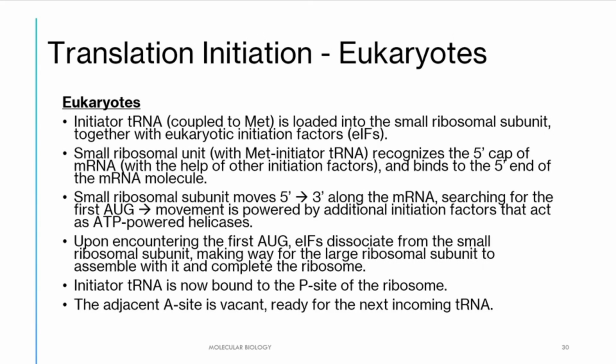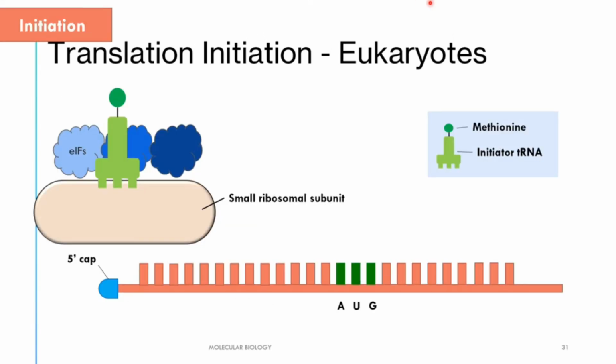Now let's again take a look at how this actually takes place. At the beginning, we have a piece of mRNA down here, the orange molecule, and we have a 5' cap on the mRNA. Now remember, this was added inside the cell nucleus during the post-transcriptional modification. And then we have the small ribosomal subunit, which is associated with the initiator tRNA, as well as the eukaryotic initiation factors.